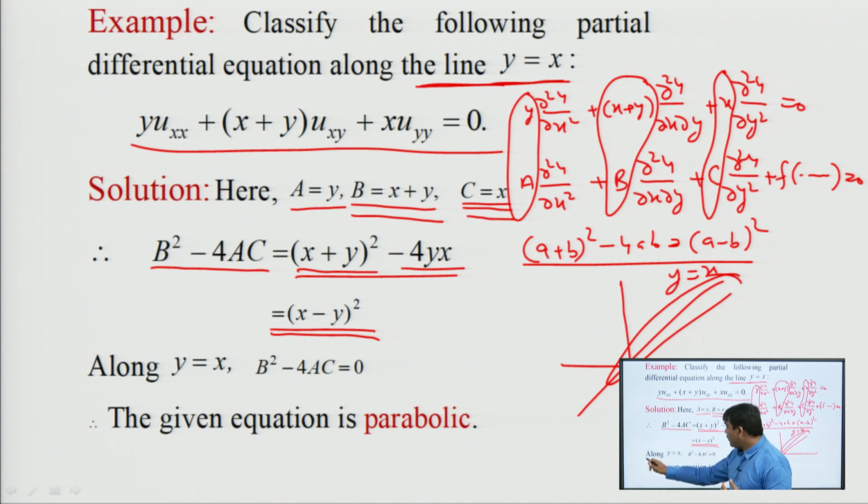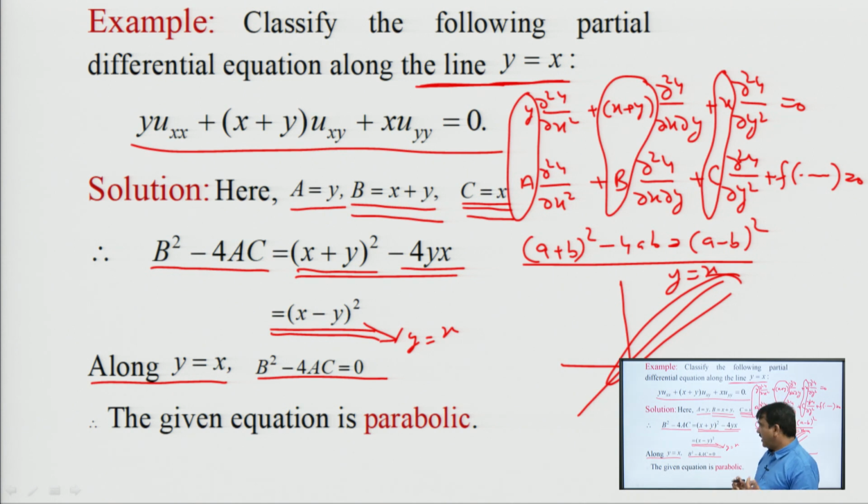So, along y is equal to x, if we put y is equal to x, then b² − 4ac becomes 0. And when b² − 4ac is 0, the differential equation is parabolic in nature.